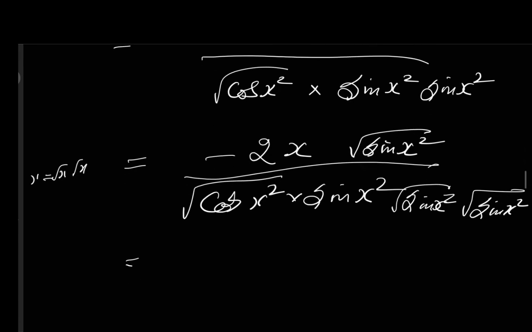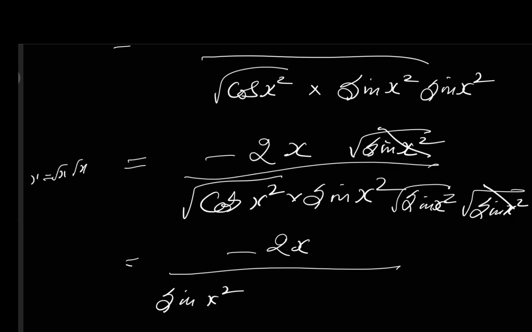Now I cancel this term. So minus 2x divided by, without root you have the sine x squared, but the root function here, let me write a single root, I bring down in the same root sign, cos x squared sine x squared.